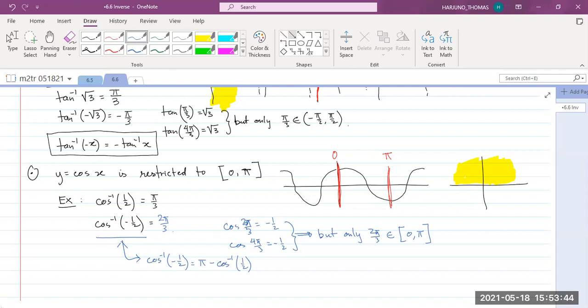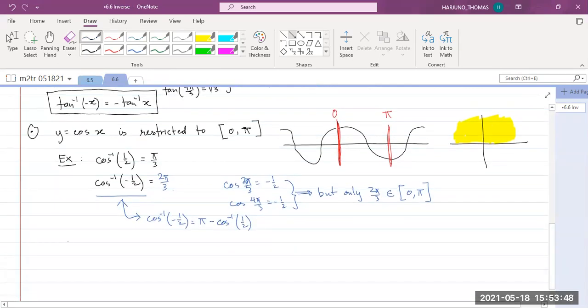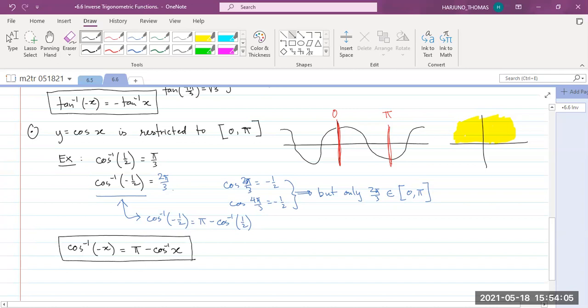That gives us how to deal with a negative value inside the cosine inverse: cosine inverse of negative x is the supplement of cosine inverse of positive x.